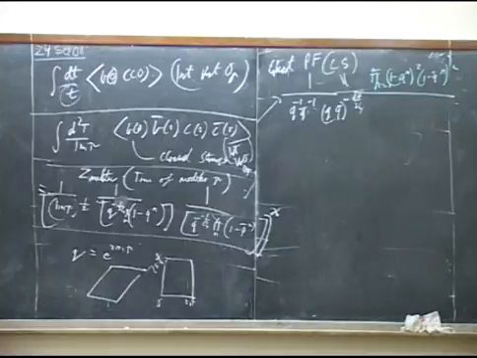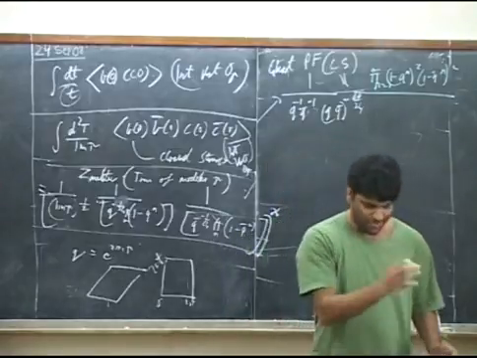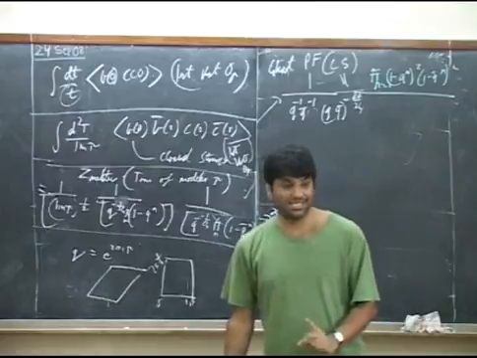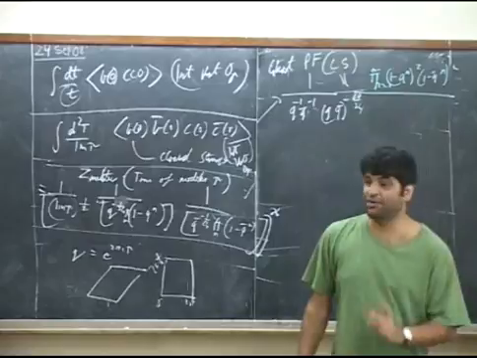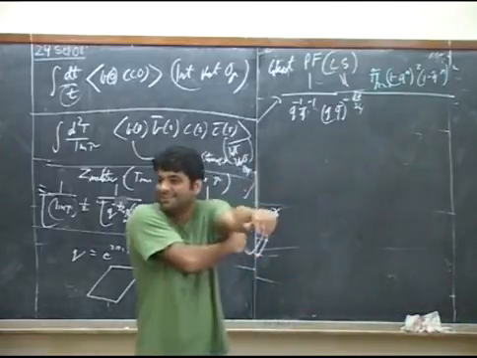The B and C system had oscillators just like the X thing, starting from 0 to infinity. But B and C were anti-commuting, so the occupation number in each oscillator is either 0 or 1.